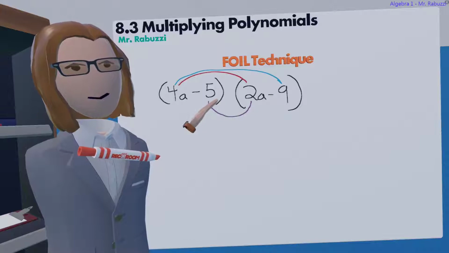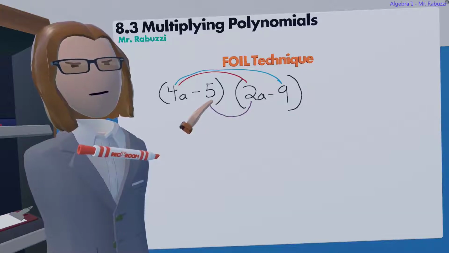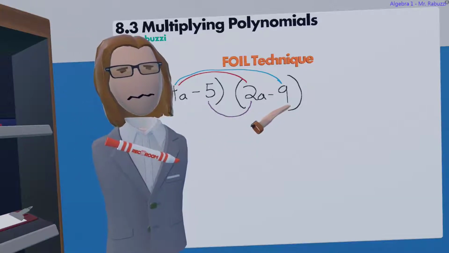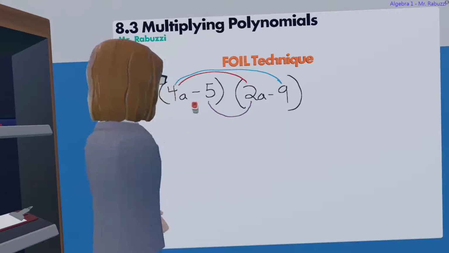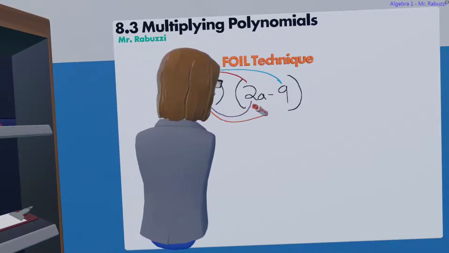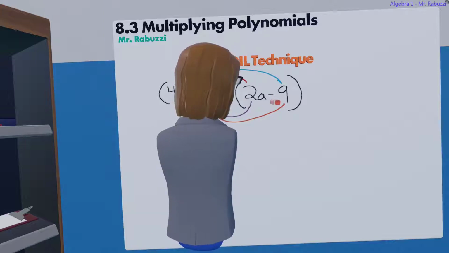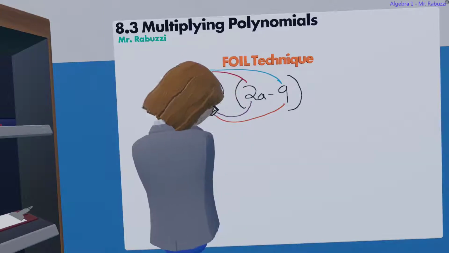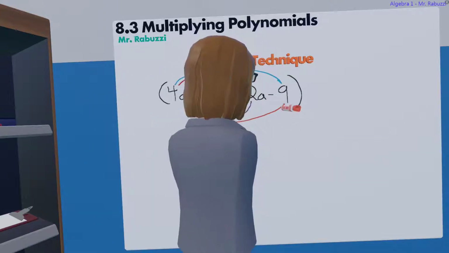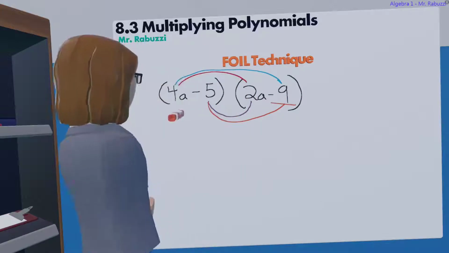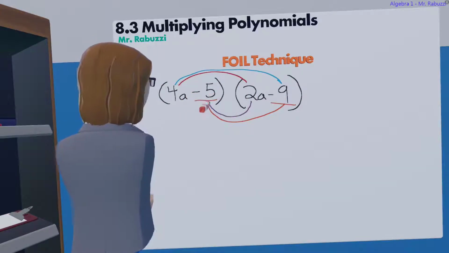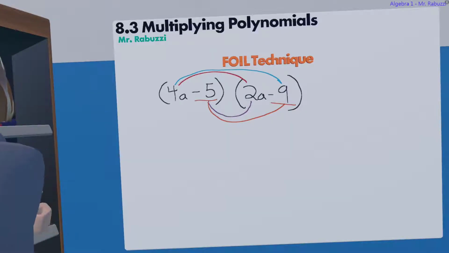So this is the last piece of this parentheses, and this is the last piece of this parentheses. So they will multiply together. Okay, and remember, the negative comes with it. So when we're doing all this multiplication, remember to bring the negative in. Okay, so let's try them out.